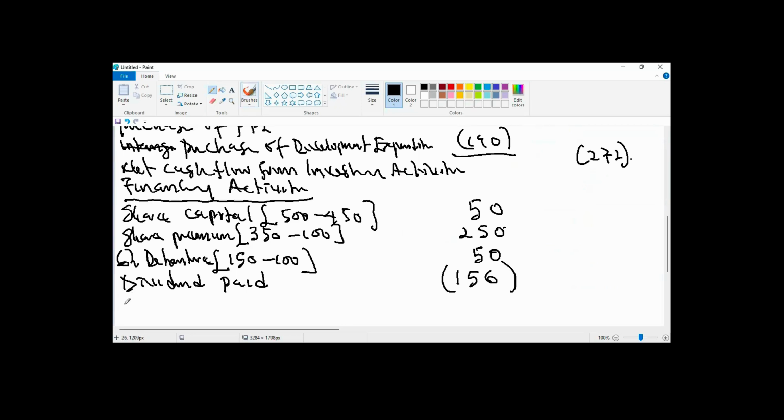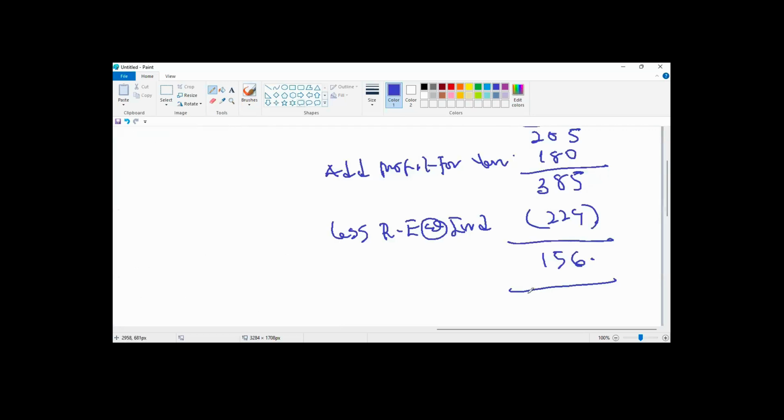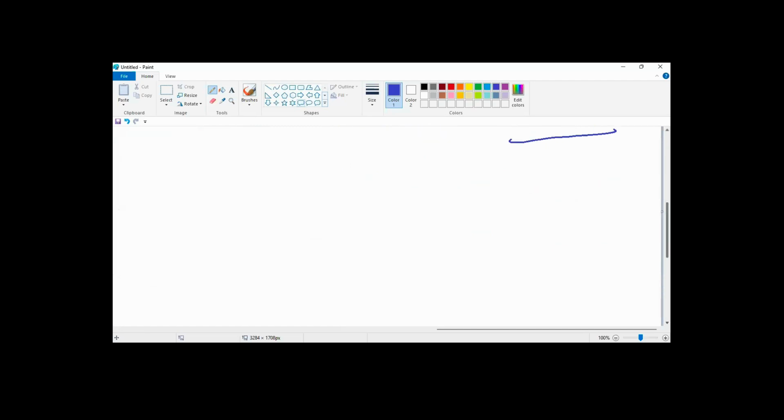They have finance lease payments. I'll go to the question. What is the lease obligation? They pay lease payments.